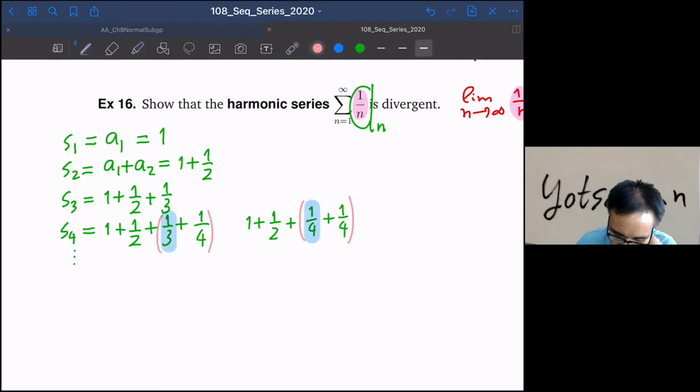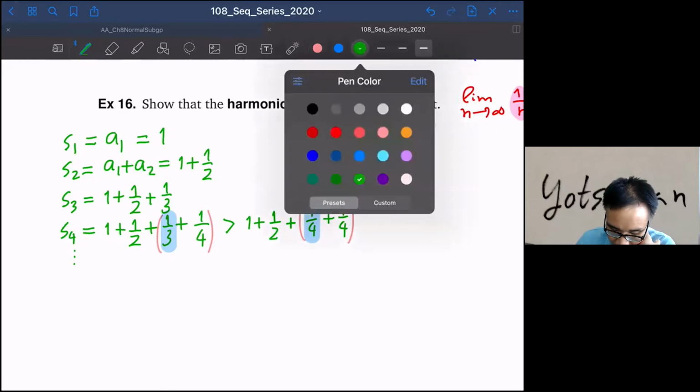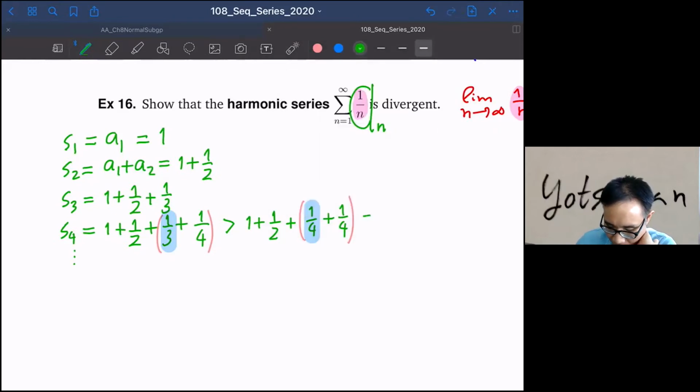So S4 turned out to be more than this one. And why did we need 1/4 plus 1/4? Because if you have 1/4 plus 1/4, you get 1/2, which is 2/4. So it's going to be another 1/2. Okay, so that is going to be the term that you have.